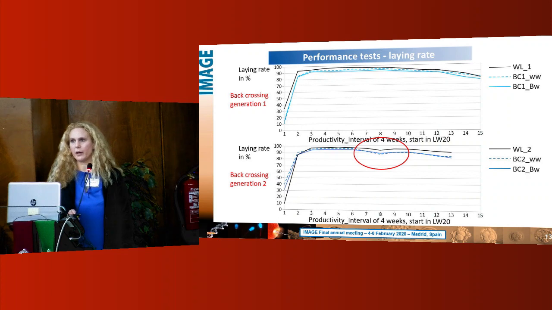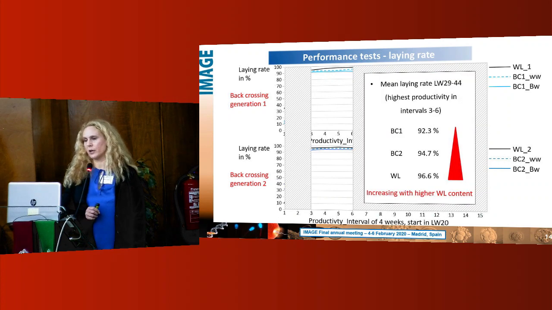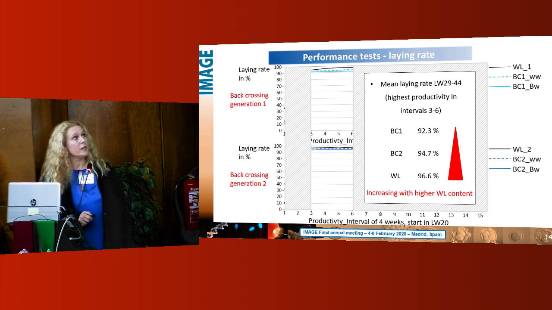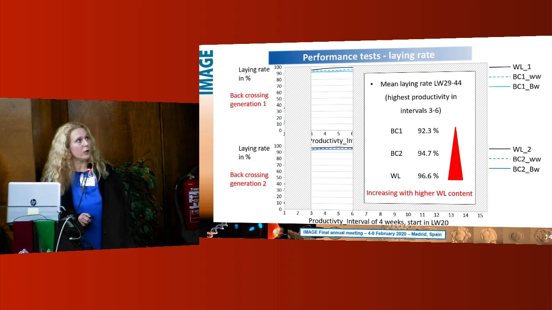So in order to compare the different generations, I only concentrated on the productivity intervals 3 to 6. These intervals include the weeks of life 29 to 44, very high productivity intervals, and we observe for the BC1 a mean laying rate in this interval of 92.3%. In the BC2, a higher laying rate of 94.7%.